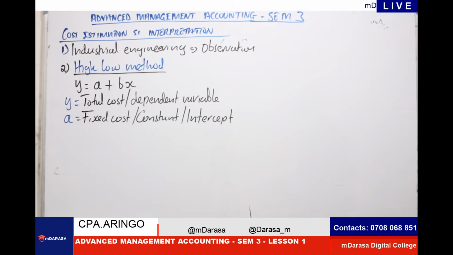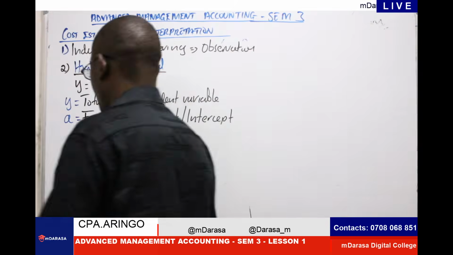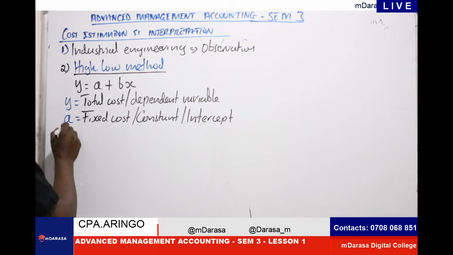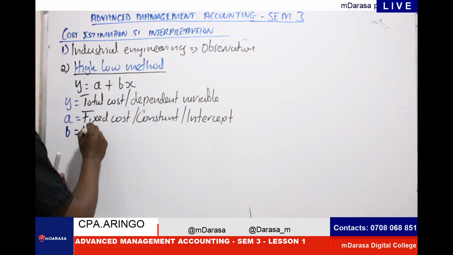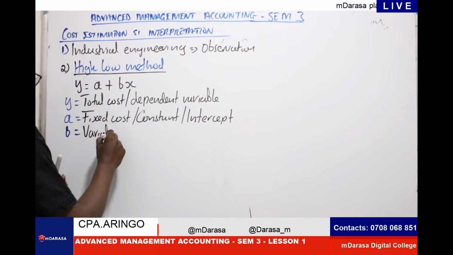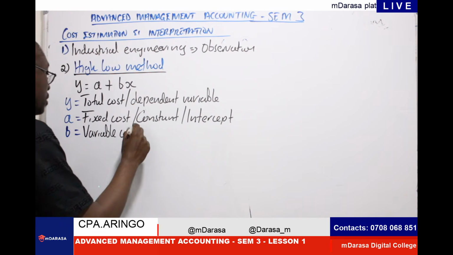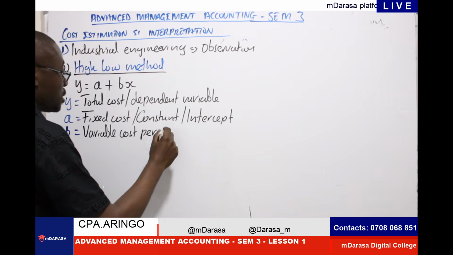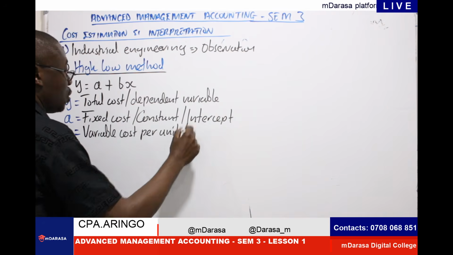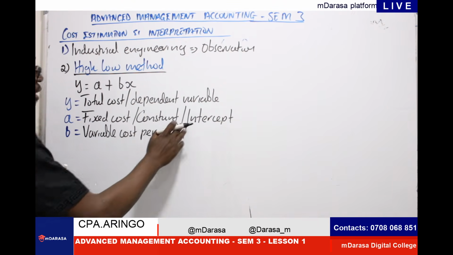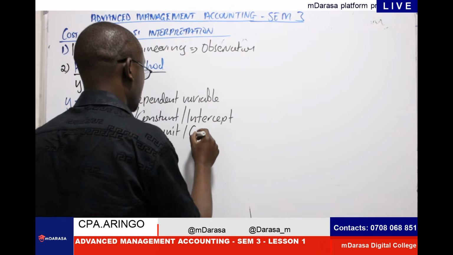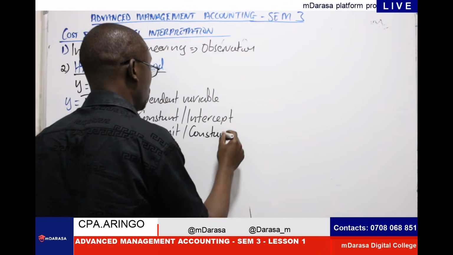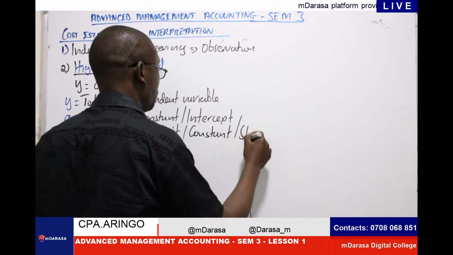We have the value of b. What b gives us in this context is the variable cost per unit, or simply the constant, or the slope.